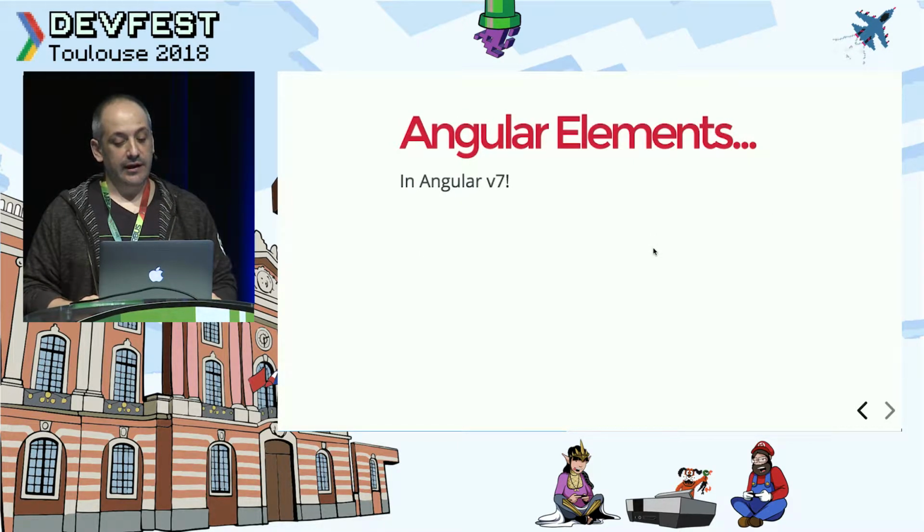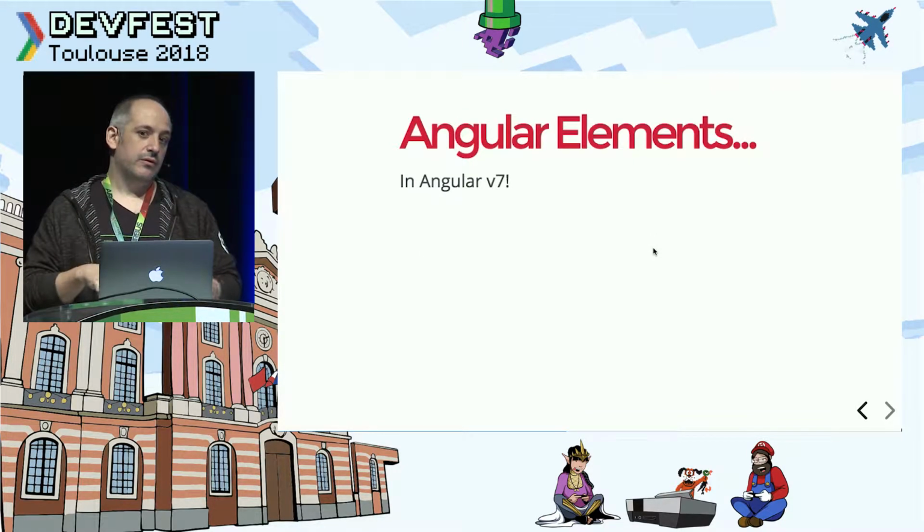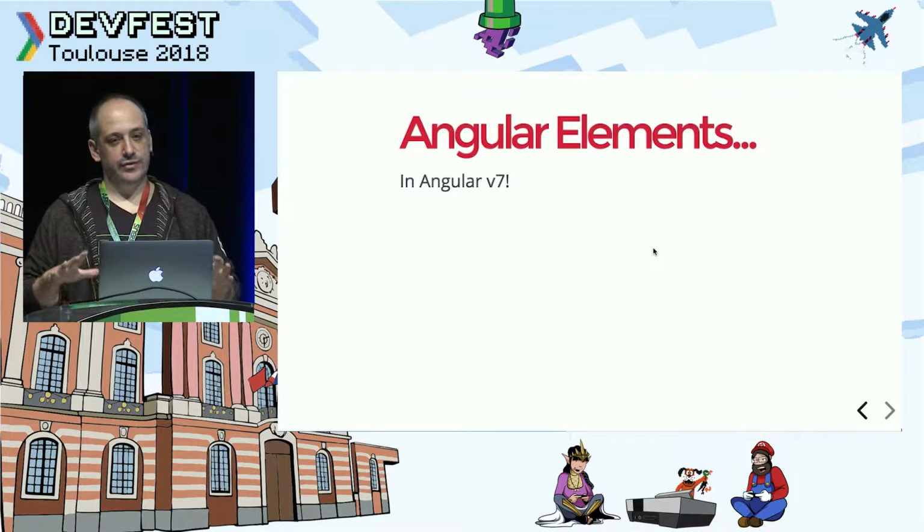So what we are going to see today is how to use Angular elements in Angular 7. It cost me a little bit because Angular 7 has just been released very recently, and there were some issues here and there. It's still a little glitchy, I think.